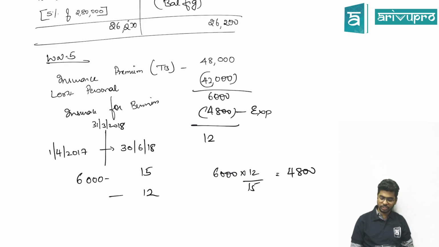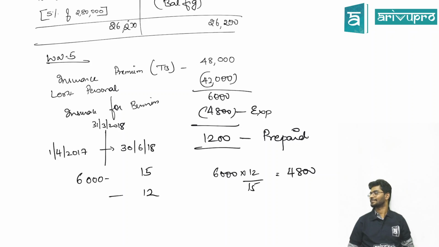Therefore, 1,200 is how many of you guys did not understand this?